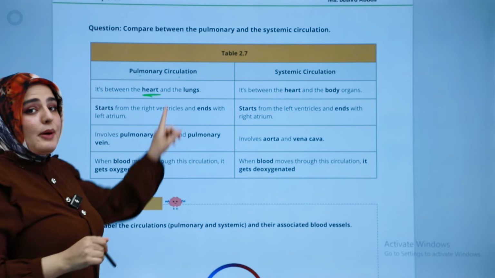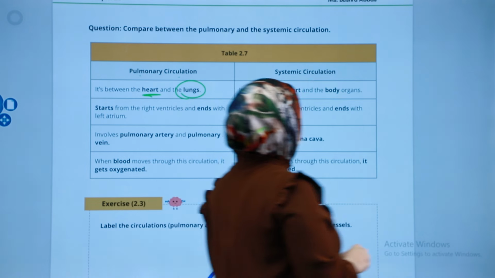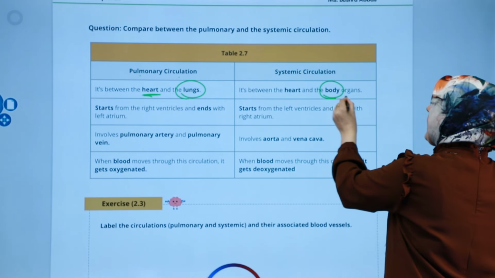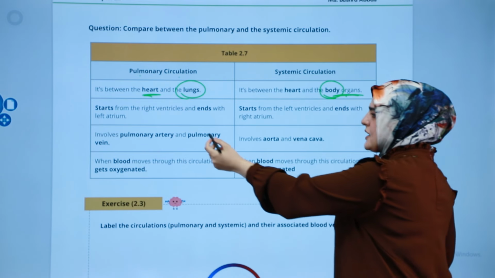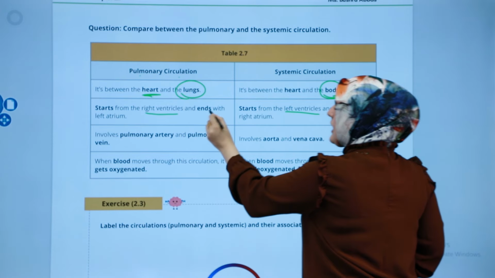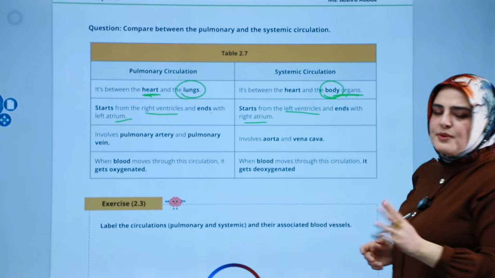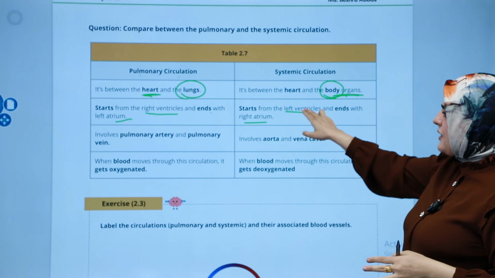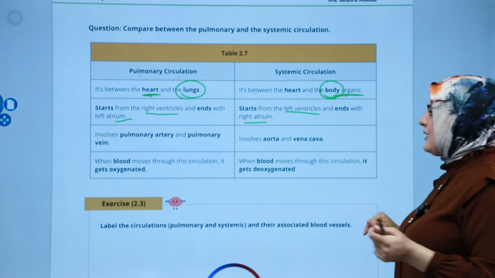But in the pulmonary circulation, it's lung with the heart, while in the systemic, the body organs, all of them are included. Here, where it starts is from right ventricle, but here is left ventricle. It ends with left atrium. This one ends with the right atrium. They're quite opposite of each other. If the left ventricle is used here, the right is used there, just like that.